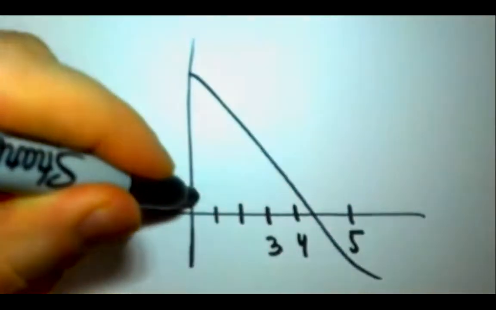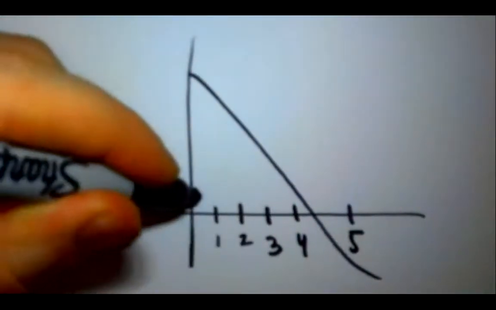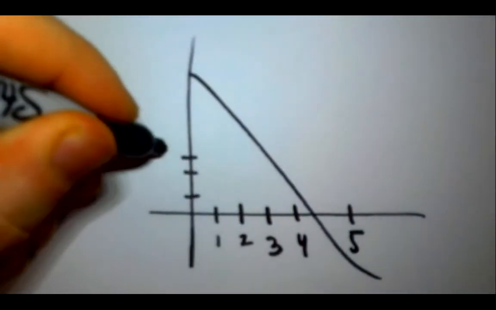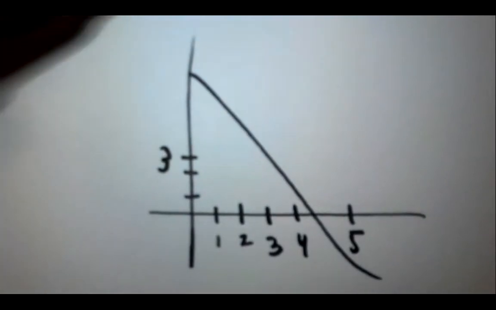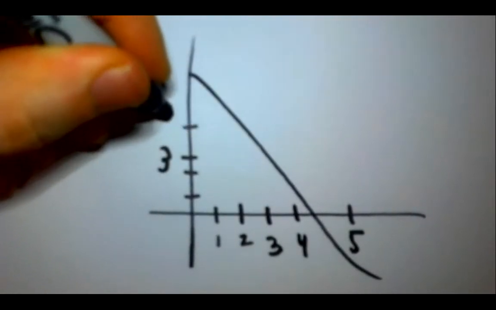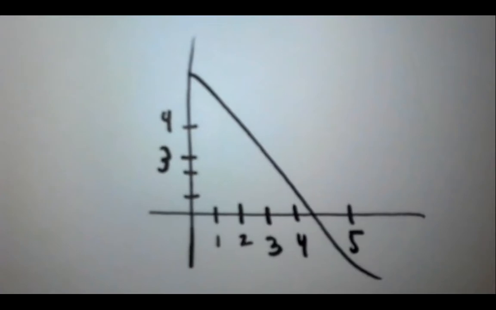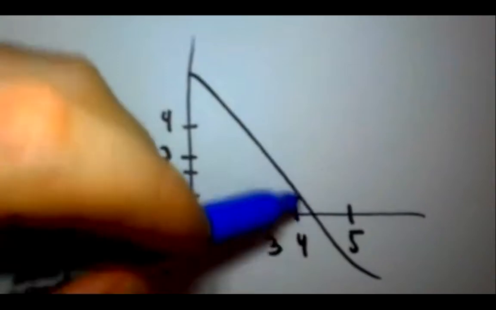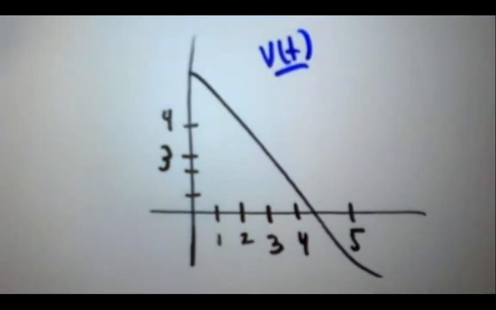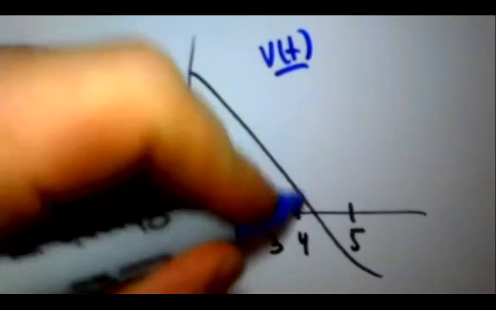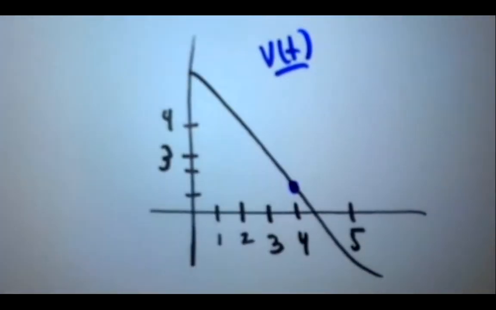Now we're going to go up, 1, 2, 3, and let's go higher, 4. Let's say that I wanted to know where the speed is 4. Now, Helen, if this is v of t, if we find v of 4, it's that spot right there.